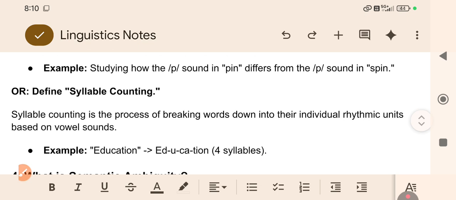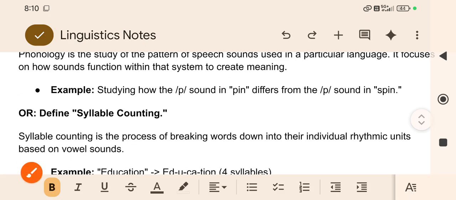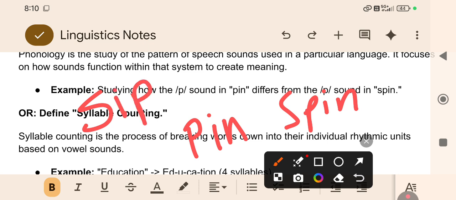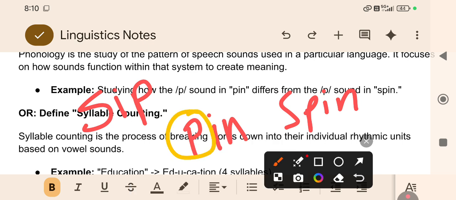Example से समझते हैं. Example: studying how the P sound in pin differs from the P sound in spin. Very good example. P and P. Pin and spin and sip. All P we can see here, right? मिरर के सामने तीनों वर्ड्स को just speak all these three words in front of a mirror. पिन and other words start from P. That's a puff.